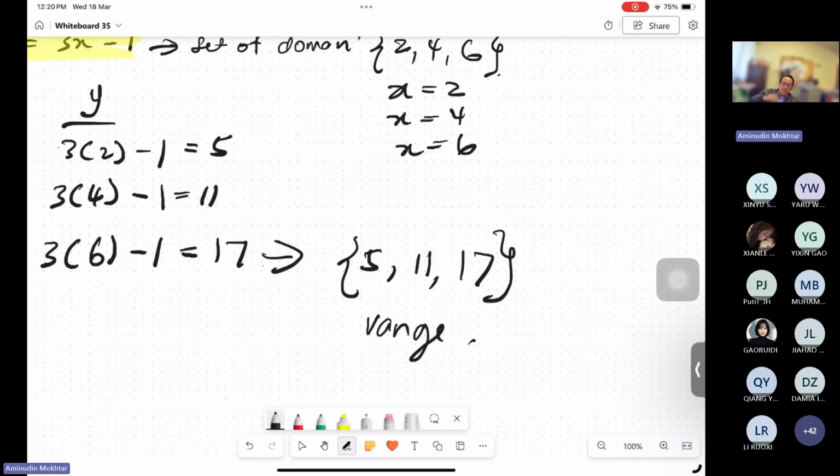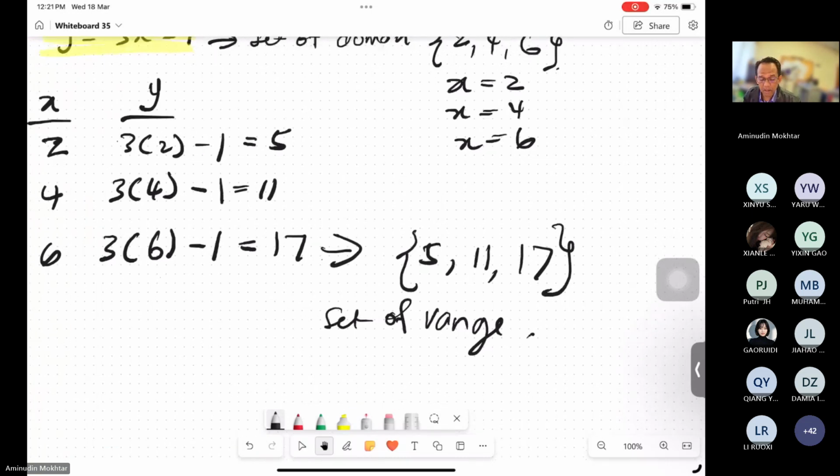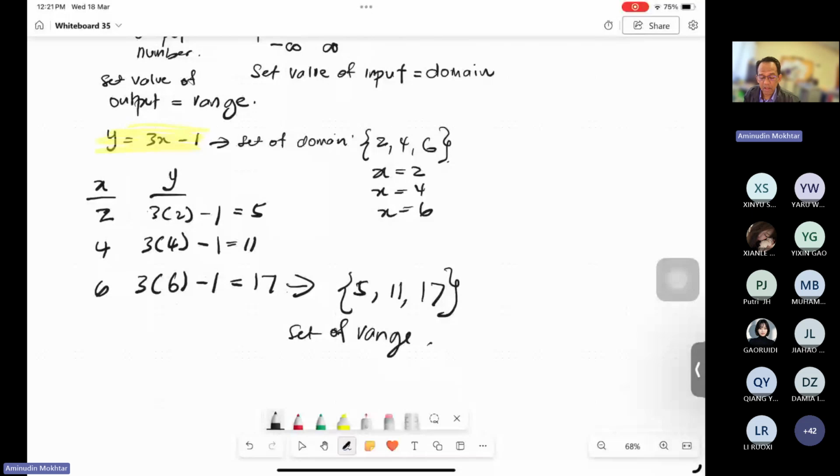Range refers to the set, the group of values of y. Y may have a few numbers, maybe 1, 2, 3, and so on, depending on the situation. So we call it the set of range. That's how to explain domain and range.